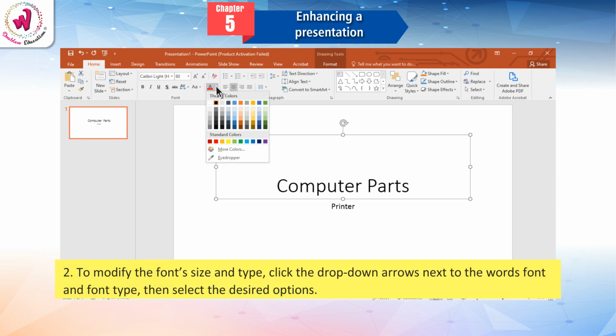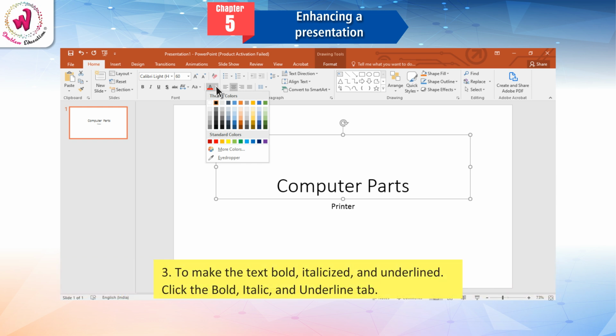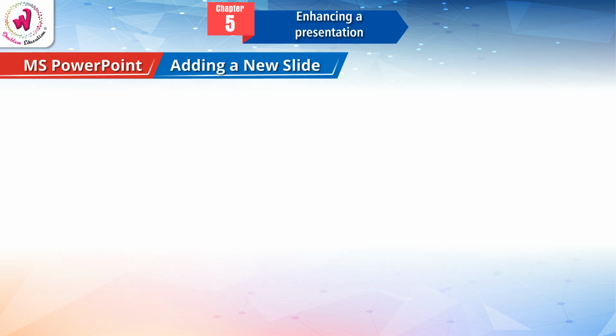To modify the font size and type, click the drop-down arrows next to the words font and font type. Then select the desired options. 3. To make the text bold, italicized, and underline, click the bold, italic, and underline tab.